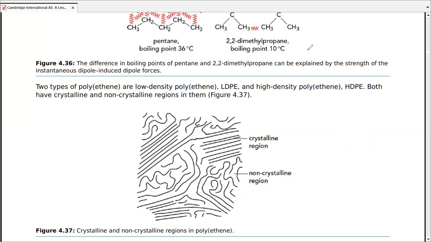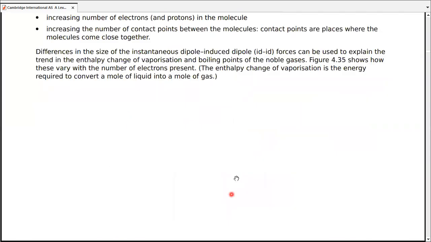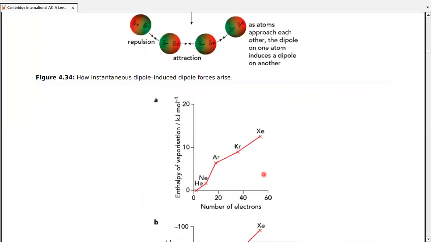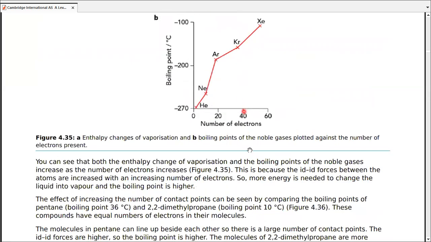Yes, sir. Okay, so if you scroll back, you would notice that we have almost a similar stuff written. Differences in size of instantaneous or IDID forces can explain the enthalpy change of vaporization or boiling points of noble gases. They can vary with the number of electrons present, and this has been shown in both of these graphs.